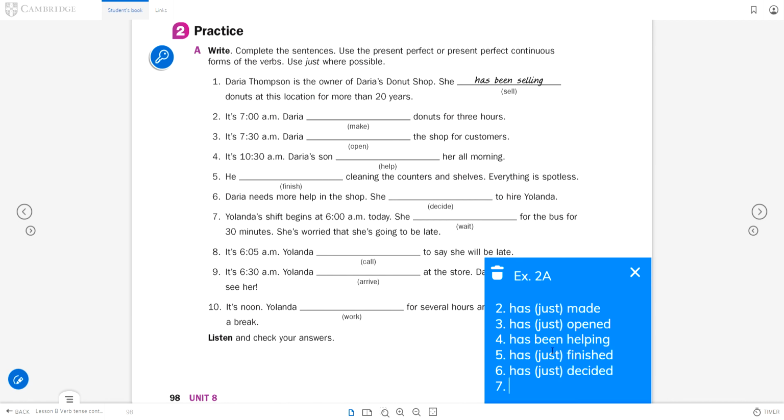So that's why at number 7, I'm gonna use present perfect continuous. So she has been waiting for the bus for 30 minutes. She's worried that she's going to be late. Okay, good.